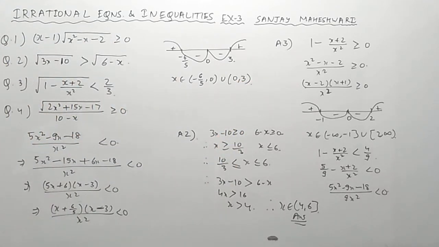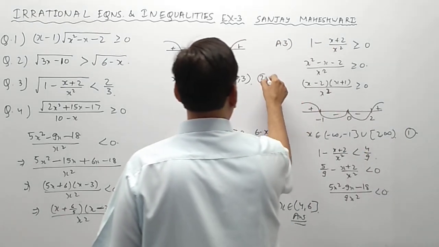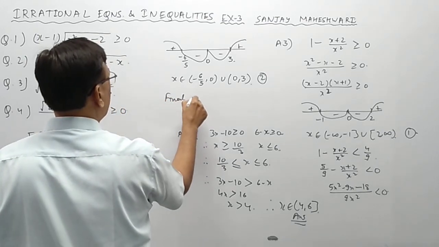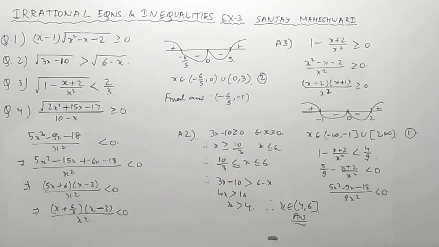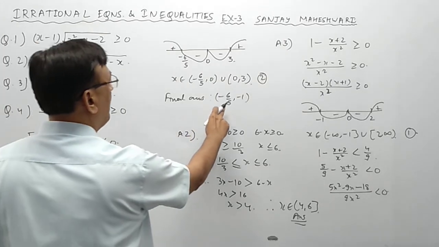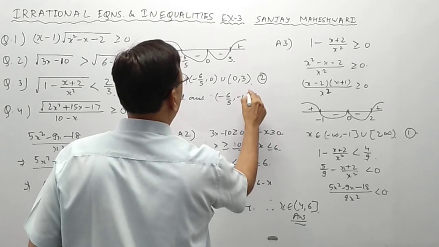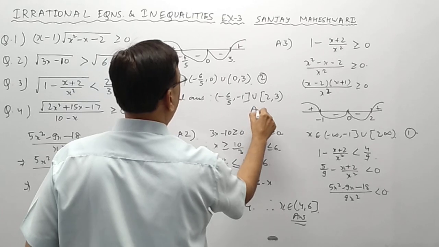So we have to keep in mind two things: one is this and two is this. The intersection of these two will give us the answer. So the final answer is minus 6 by 5 to minus 1, where minus 1 will be closed, union 2 close to 3 open. This is the final answer.